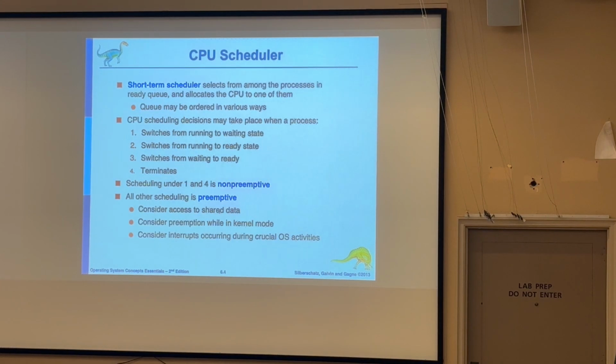Right? So, CPU scheduling decisions can be made when the process goes through these 4 stages. Sometimes when it's switching from a running to a waiting state, like when it's doing I/O, you wait for the I/O result, you schedule yourself out. Right?